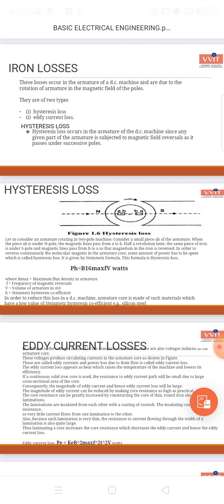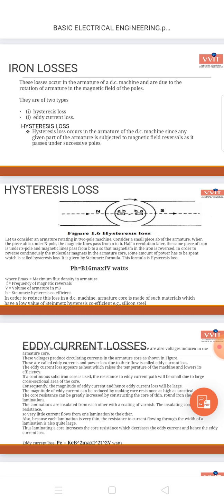In order to reverse continuously the molecular magnets in the armature core, some amount of power has to be spent, which is called hysteresis loss. It is given by the Steinmetz formula. This formula is hysteresis loss: Ph = η B_max^1.6 f V watts.